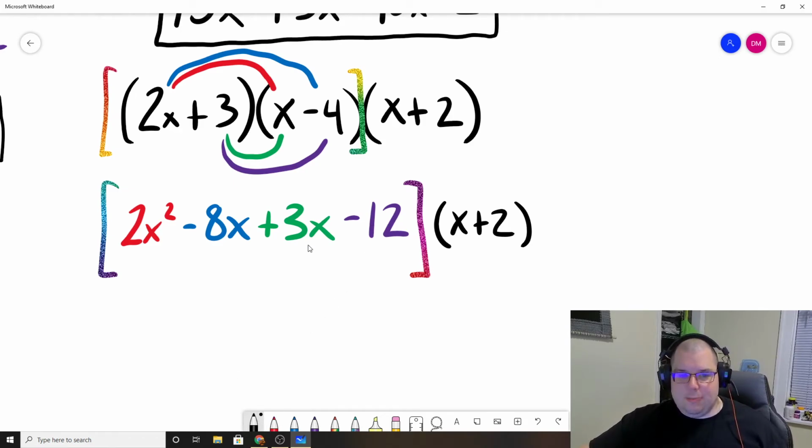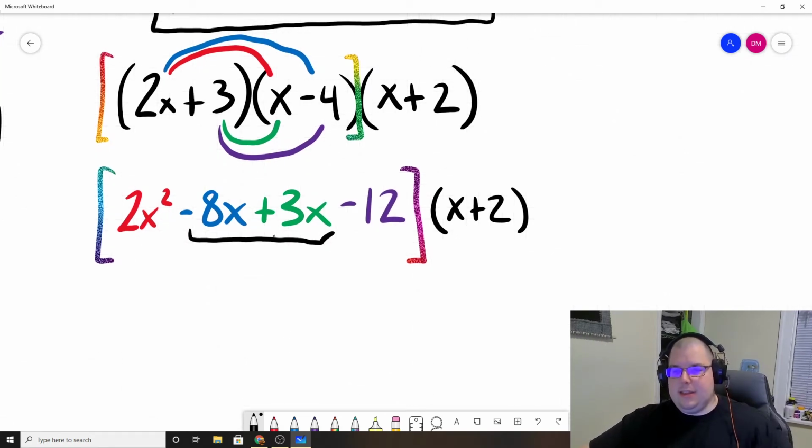And now, just like before, we're done with that round of multiplication. So double check that you can simplify things, because sure enough, we can simplify these two terms in the middle, the negative 8x and the positive 3x. So I get my 2x squared.